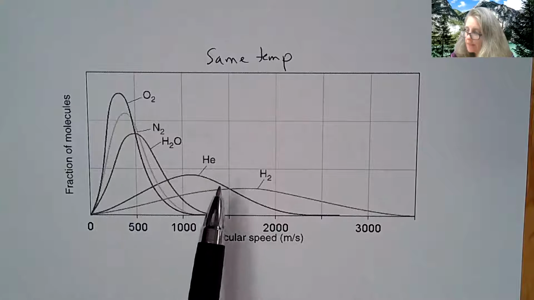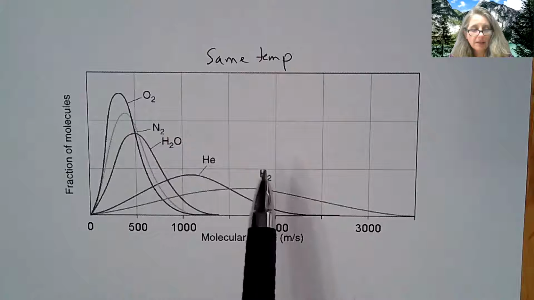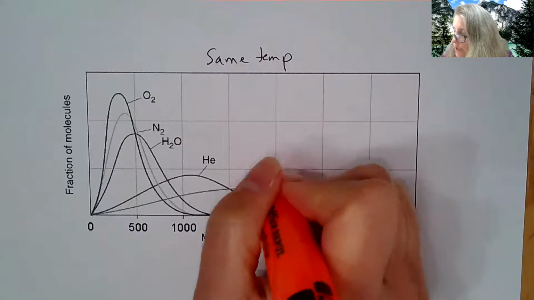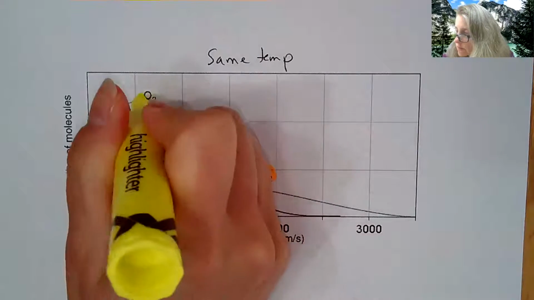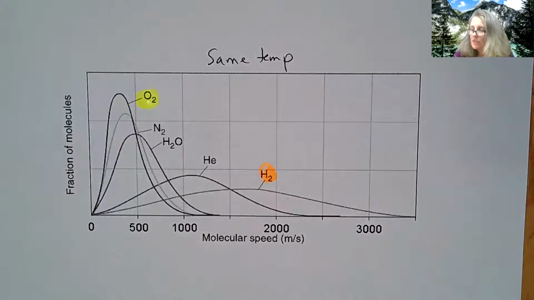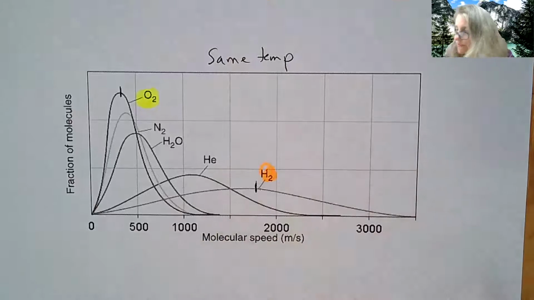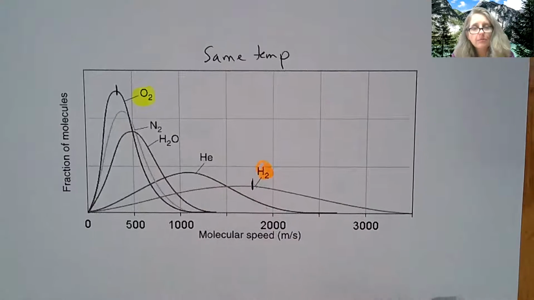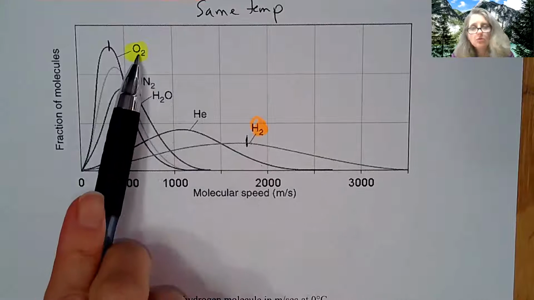So if I look at this and they're all at the same temperature, it's telling me that the hydrogen gas here has a much larger distribution than, say, the oxygen gas. And I will see that their average speed is going to be very different. Now, if they're both at the same temperature, what is that telling us about the relationship between the hydrogen and the oxygen?